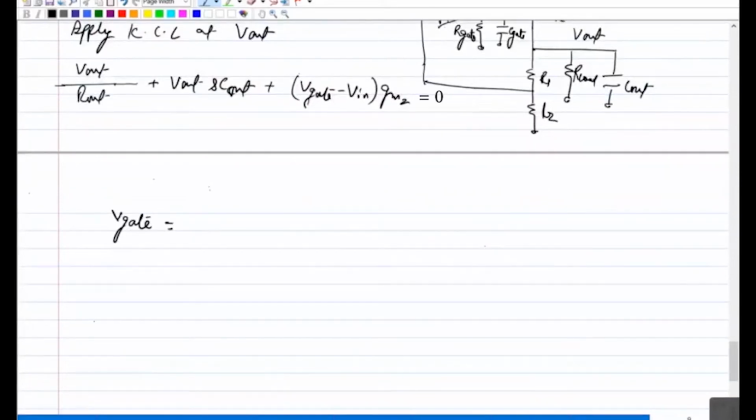Can we tell what V gate is in terms of R?